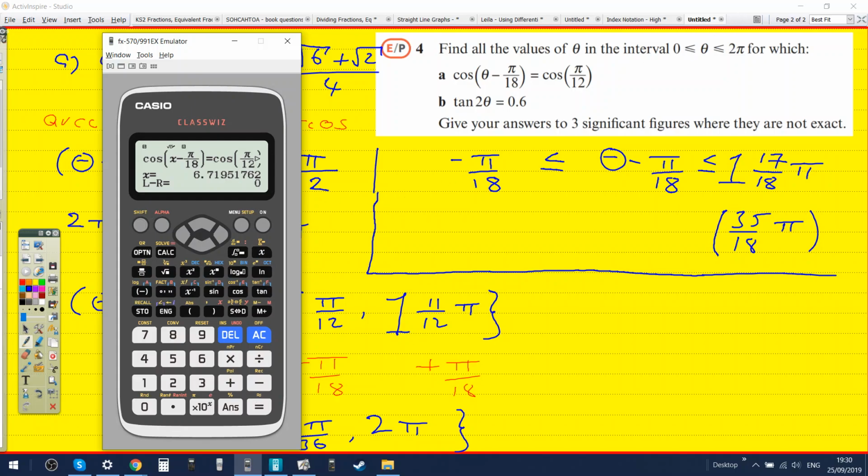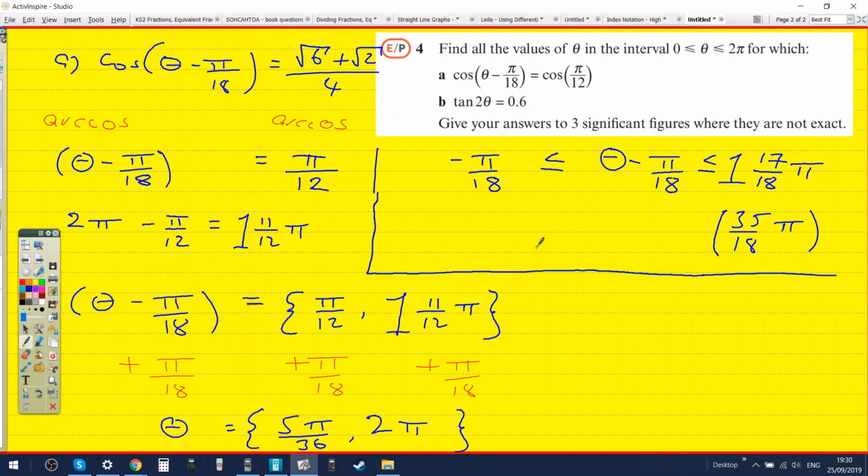Let me try that again. Shift solve, and I'll start with 0.1 or some low value. And I get a negative. Yeah, cheaters never win. The problem here is we've got exact values, and they said exact value. Only give a 3 sig figure when it's not exact. So I could use it to check my answer, but nothing better than that.